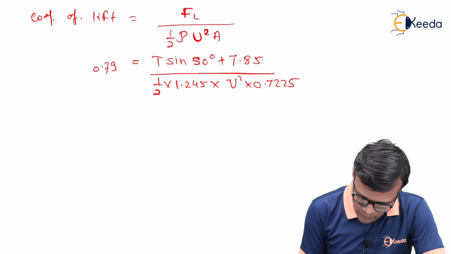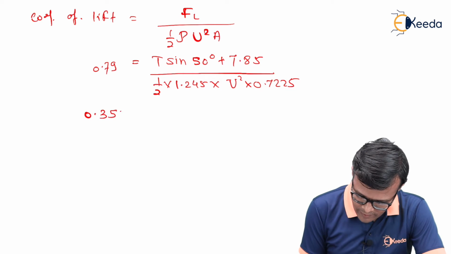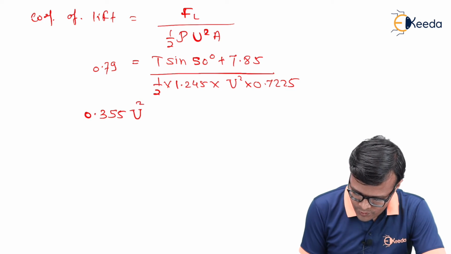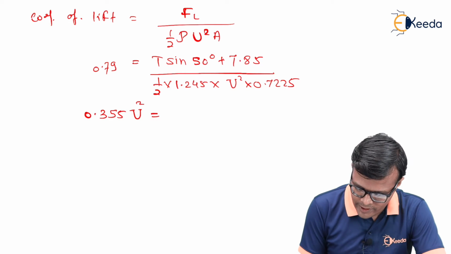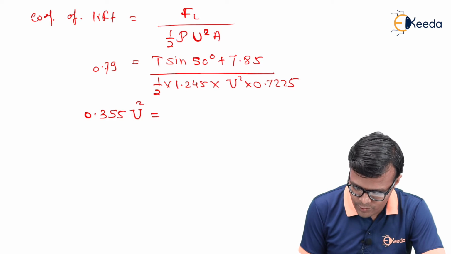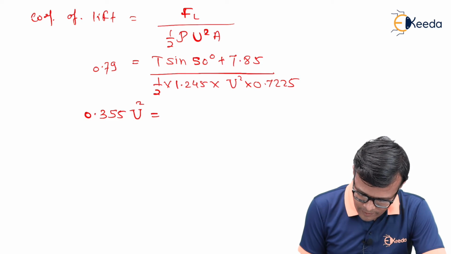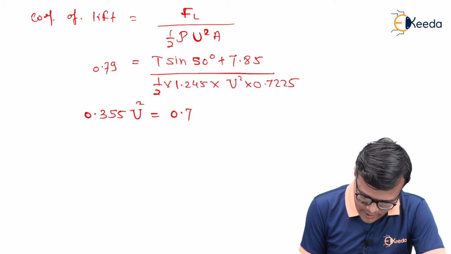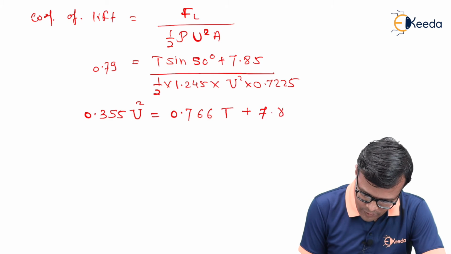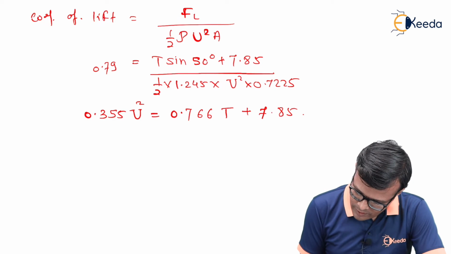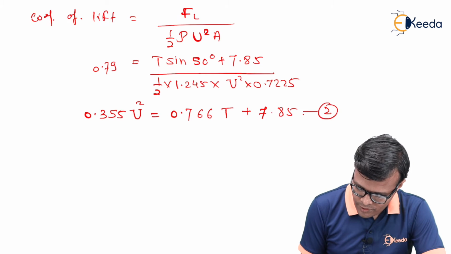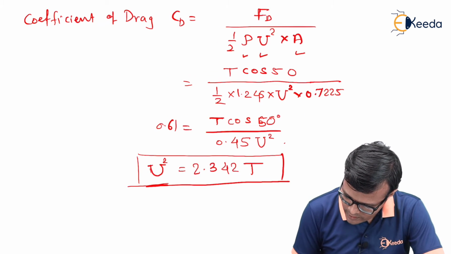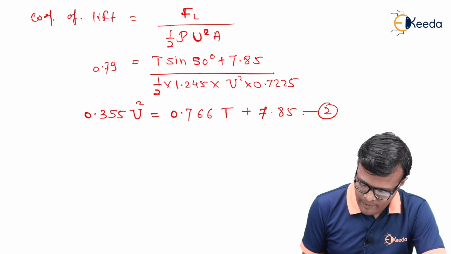So we will have 0.355 u square, this final term becomes 0.355, taking on the other side, 0.355 u square is equal to 0.766 times T plus 7.85.